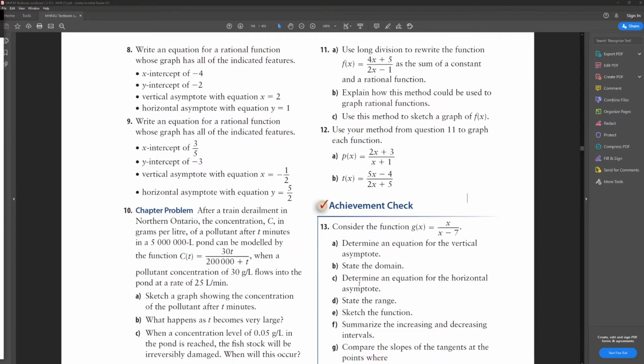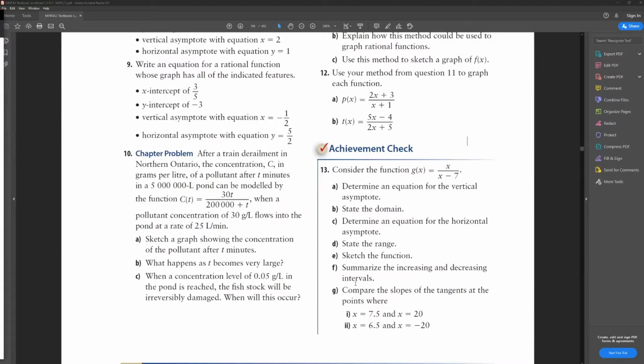Lastly, I've assigned 13, which is an achievement check. I usually don't like assigning these because the textbooks never have answers for them. But essentially here, we just have to consider the following function, find its vertical asymptote, domain, horizontal asymptote and range, and sketch the function, summarize the increasing and decreasing intervals, and then compare the slopes of the tangent.